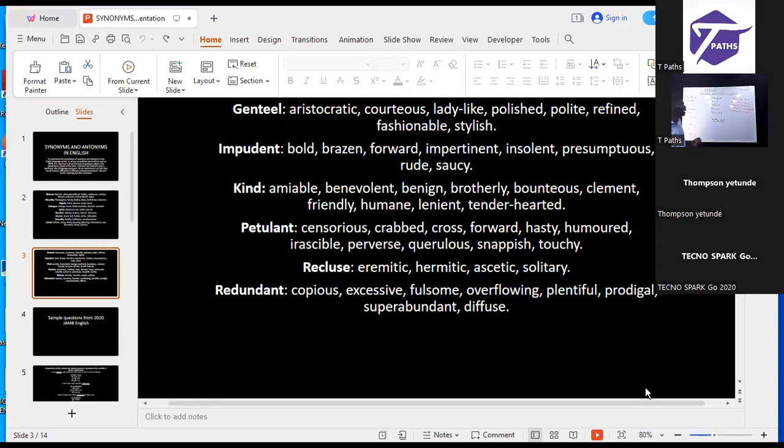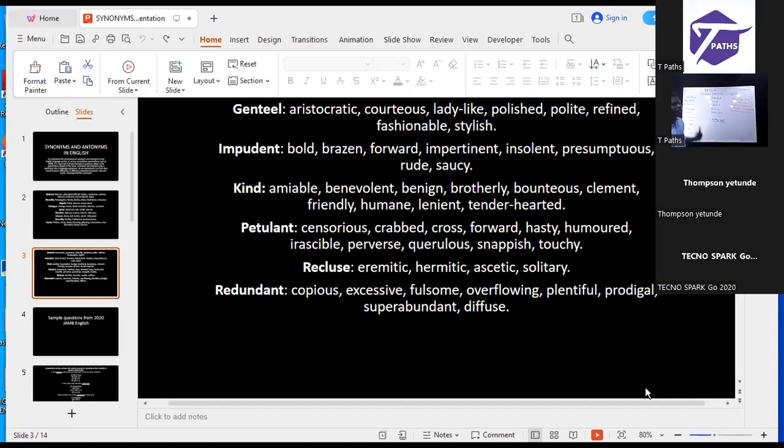Those are the words I can use in the place of impudent. Because from the synonyms of this word, the words that are similar in meaning to impudent, you see that it is a negative term, a negative word, right? So take note of that.